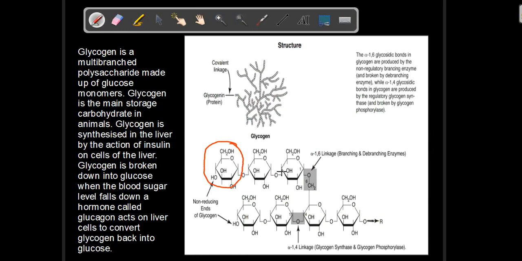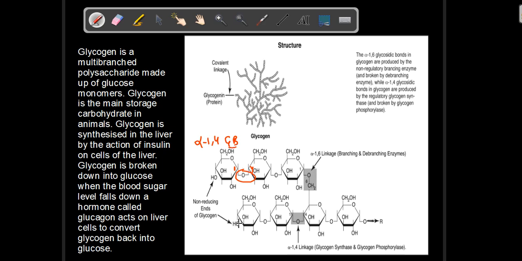Alpha glucose units are connected to each other by two different kinds of bonds. Let me rub this off and focus on the bonding. In glycogen, we find two kinds of bonds. First, we find this bond here. This is a glycosidic bond between carbon 1 and carbon 4 of the adjacent unit. This is called an alpha 1,4 glycosidic linkage.